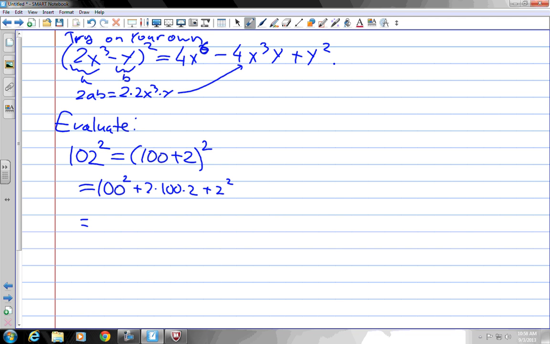So that is 100 squared is 10,000. Plus 2 times 100 times 2 is 400. Plus 4. So if you add them all together, you get 10,404. So you have the 0 in the wrong place, but yes.